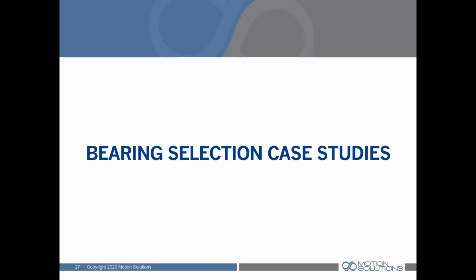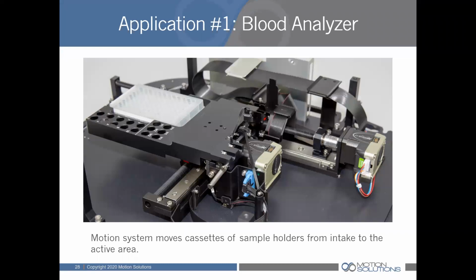So let's look at some case studies of applications that we have worked on. This picture is of a motion system for a blood analyzer, a tabletop instrument. Basically they're doing cytometry.